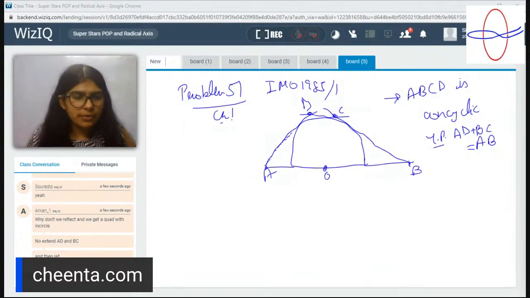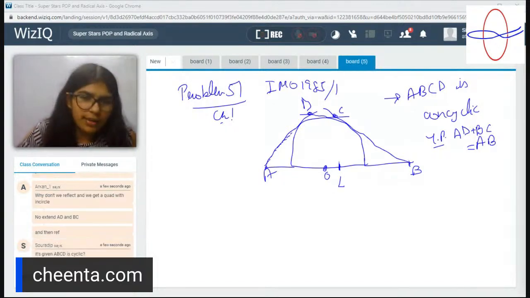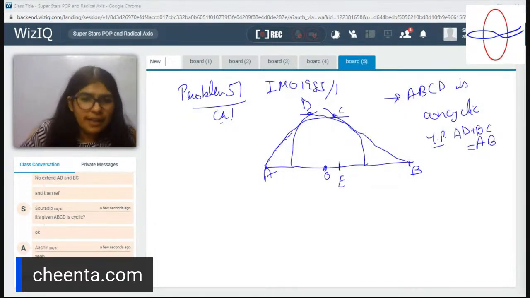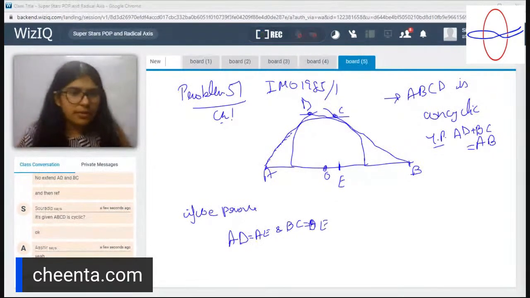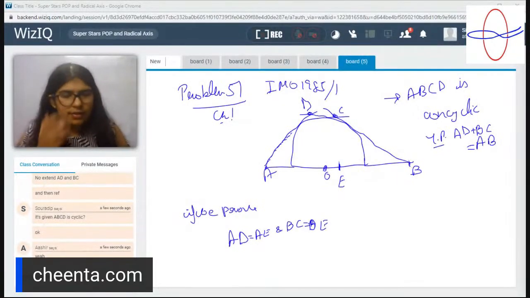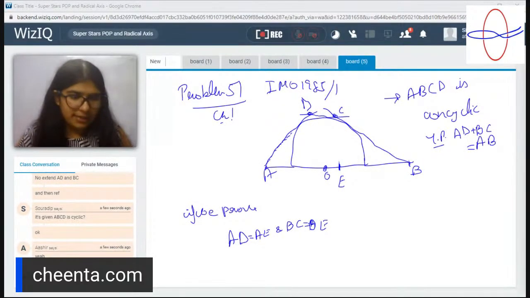When you want to prove two sides equal a third, what can you do? You take some point over here, I don't know, E. And if you prove that AD equals AE, and BC equals BE, this is the most common way to do such cases.